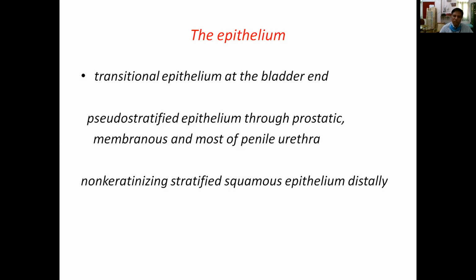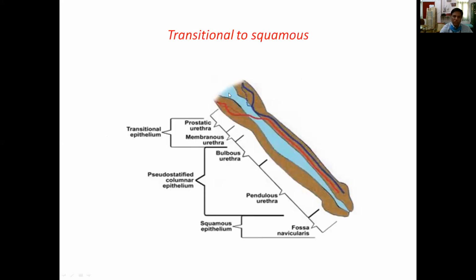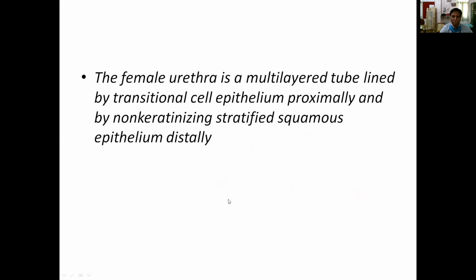That is the usefulness of the transitional epithelium. So the proximal prostatic or membranous part is lined with transitional epithelium. In the middle, it is covered by pseudostratified columnar epithelium. The distalmost part is lined by squamous epithelium. Again, the female urethra is a multi-layered tube lined by transitional epithelium proximally from the bladder and non-keratinizing stratified squamous epithelium distally.